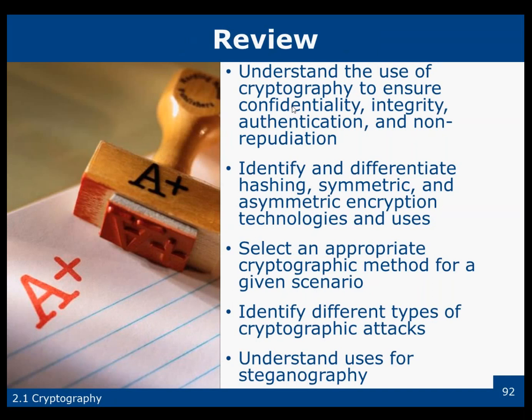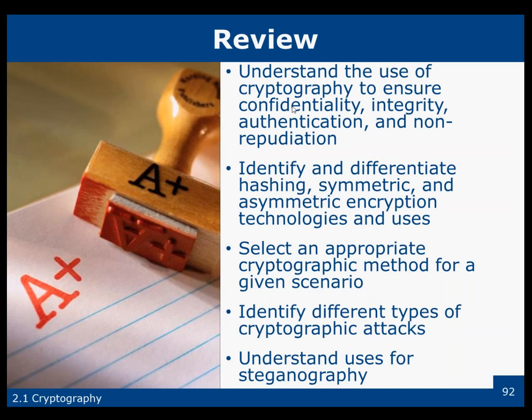So in the review, understand the use of cryptography to ensure confidentiality, integrity, authentication, and non-repudiation. Non-repudiation: you can't deny that you did it. Identify and differentiate hashing, symmetric and asymmetric encryption technologies and uses. Select an appropriate cryptographic method for a given scenario.